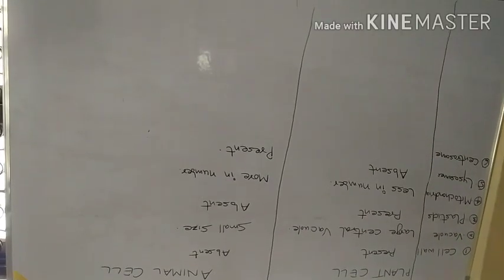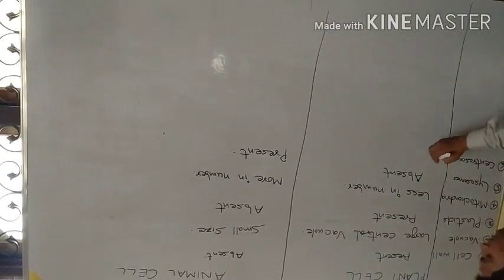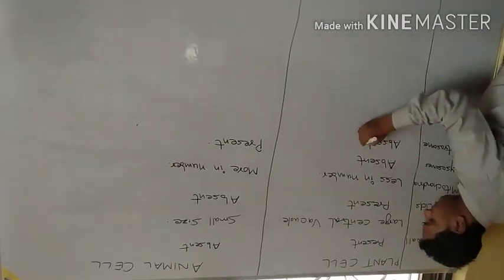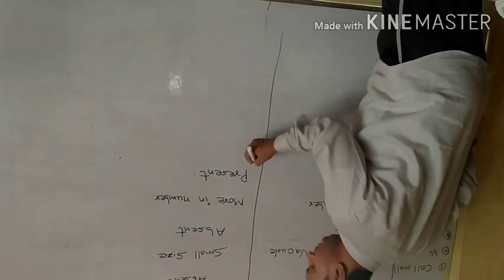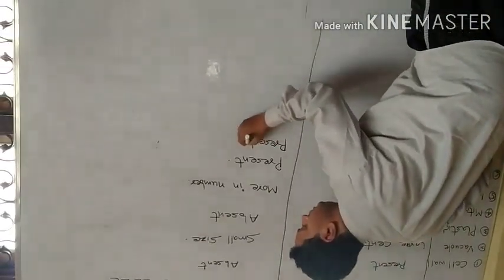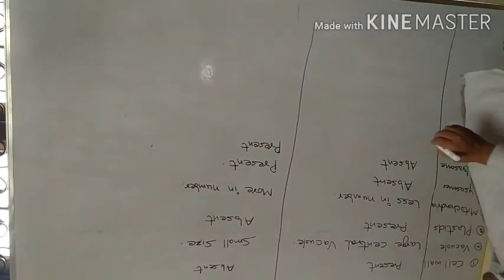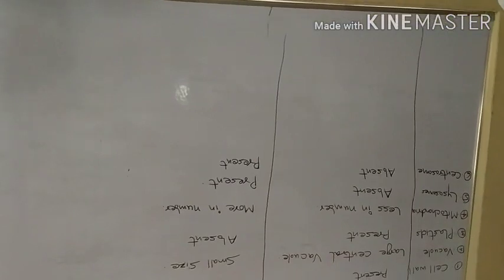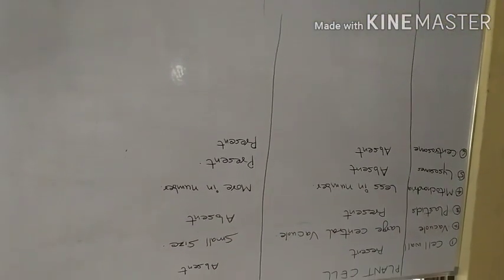Again, centrosome is absent in plant cell, and these centrosomes are present in animal cell. So these are the basic differences between plant and animal cells.